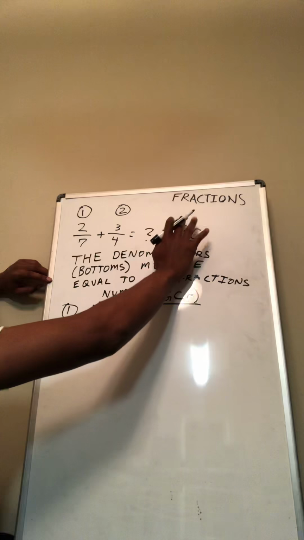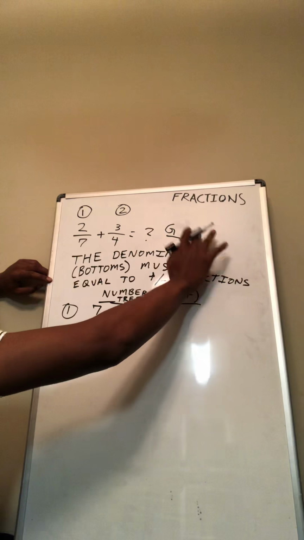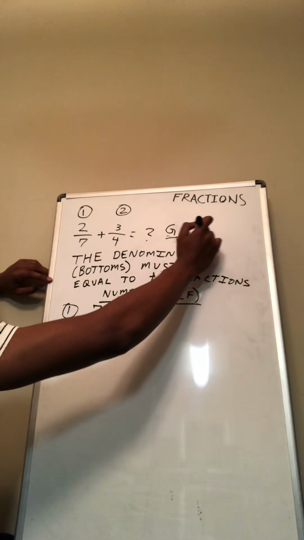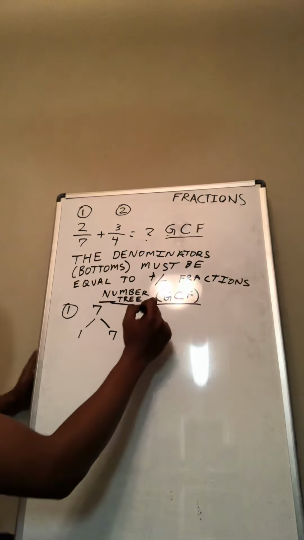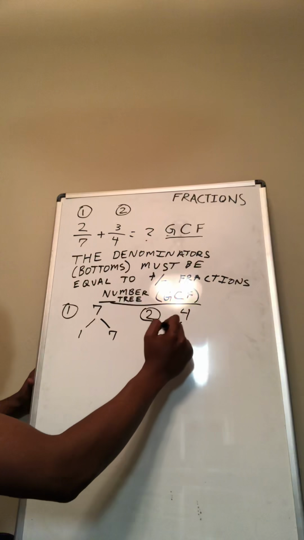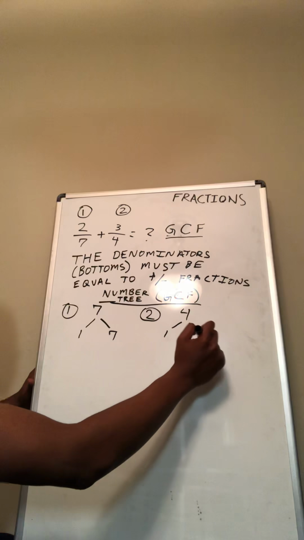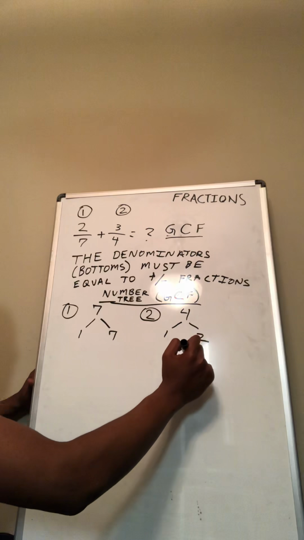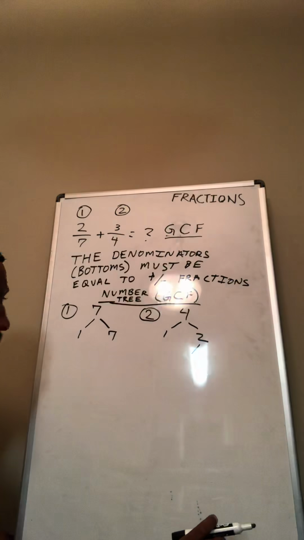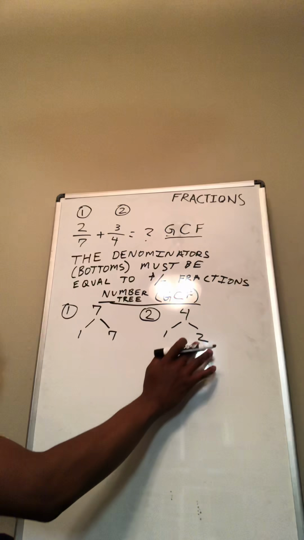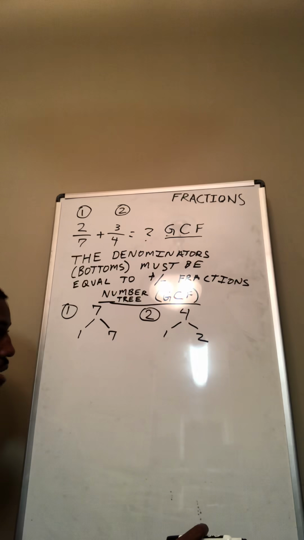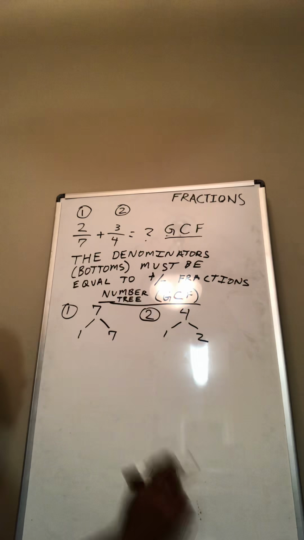I wrote GFC. Greatest common factor, right? So for 4, the factors of 4 are 1, 2, and 4. Okay, so they have no common factors.